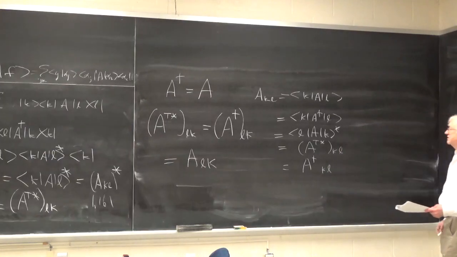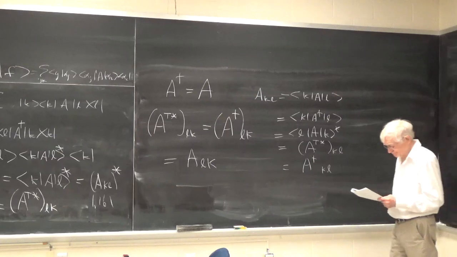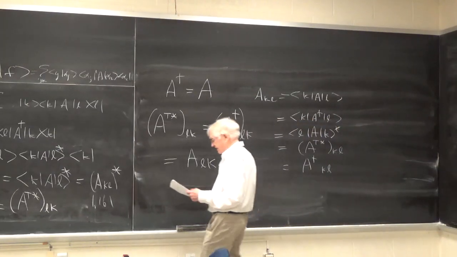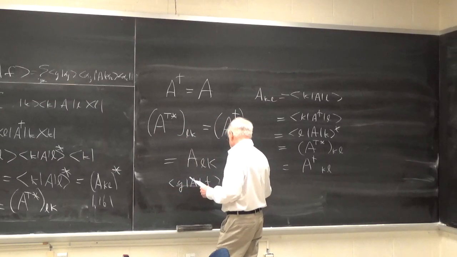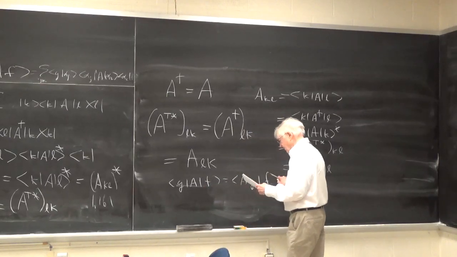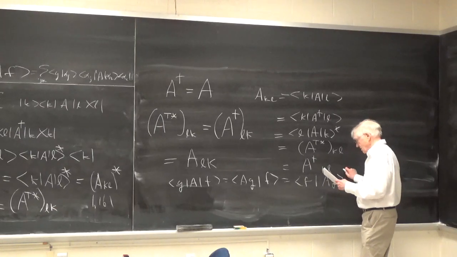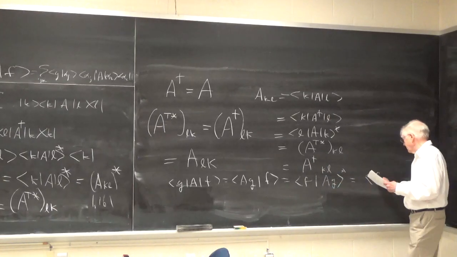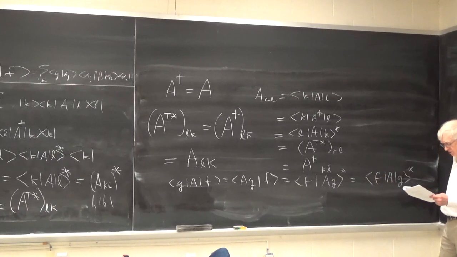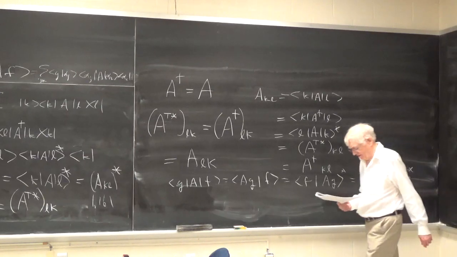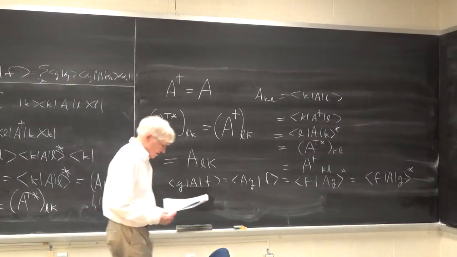Okay, so these are the relations that hold in this case, and we can also write GAF as AG, F, or F, AG complex conjugate, or FAG complex conjugate. So these are all various relations that hold for matrices that are hermitian.